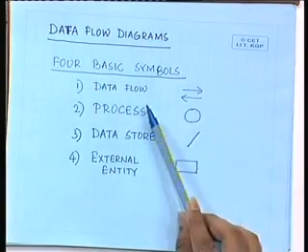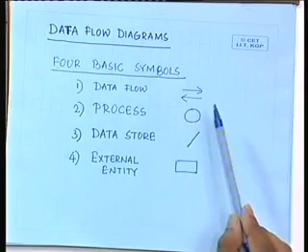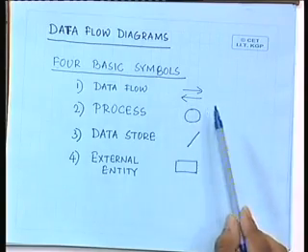Now, before that, let me give some basic idea that when we talk about data flow, essentially it has to be a real flow of data rather than a control flow. What is the difference between a flow of data and a control flow? What is the difference?